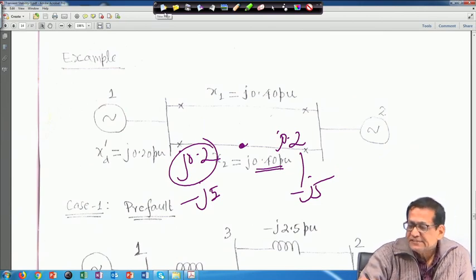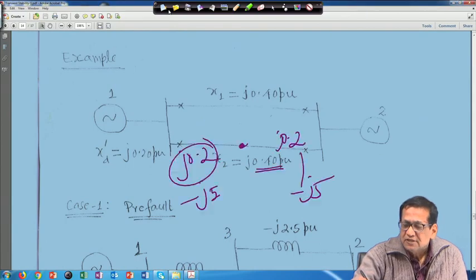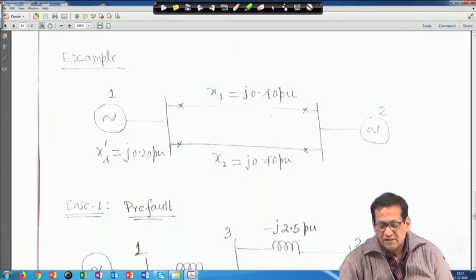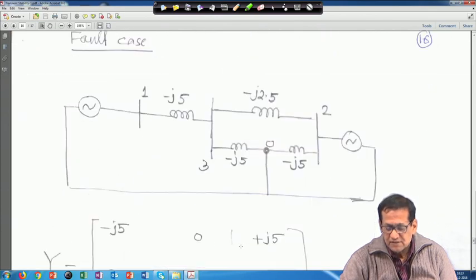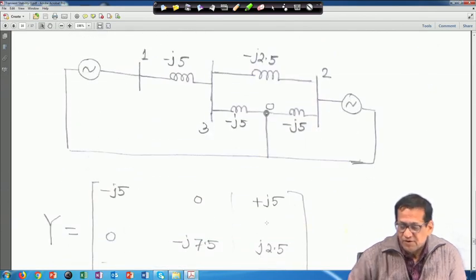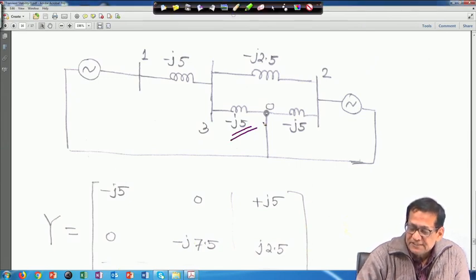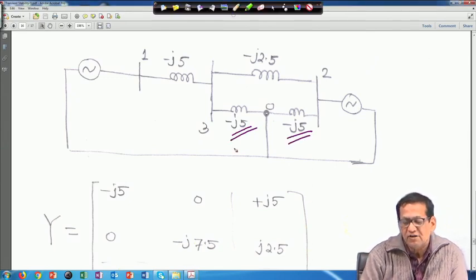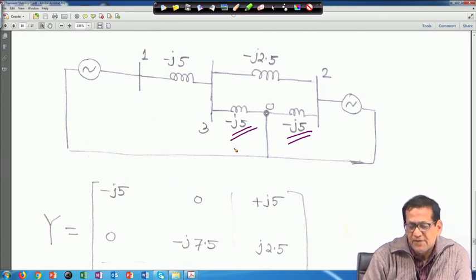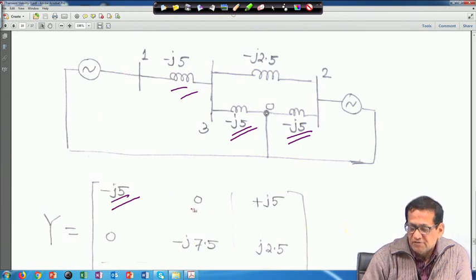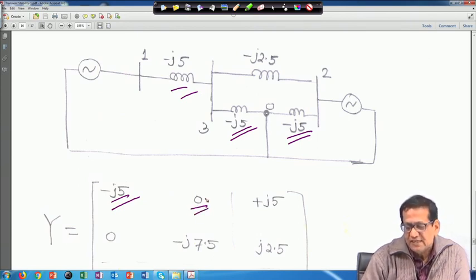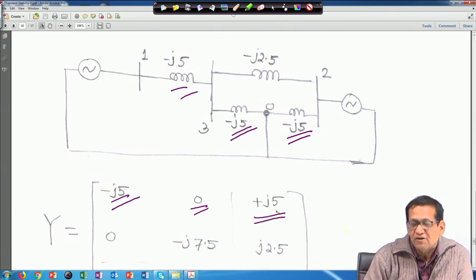So that means this is your diagram when the fault has occurred. This is minus j5, and the 3 phase fault has occurred. If you construct the Y matrix, Y11 will be minus j5, Y12 is 0, and Y13 is minus small y13, so it will be plus j5; this you know from your load flow studies.